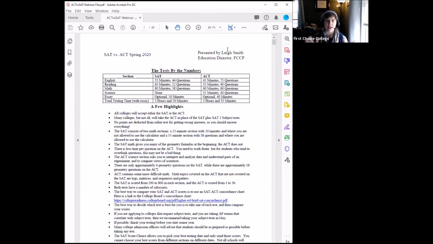That's my advice in normal years: they take some diagnostics, figure out which test they're stronger on, which test they like better, and focus on that one. This year, there are some other considerations. I am advising my students that if they feel comfortable with both tests, if they do okay on both tests, we'll talk about what that looks like in a minute, if they do equally well on both tests, or even if they do just a little worse on the ACT, but not by a really noticeable amount, then I am suggesting they take a strong look at taking the ACT.